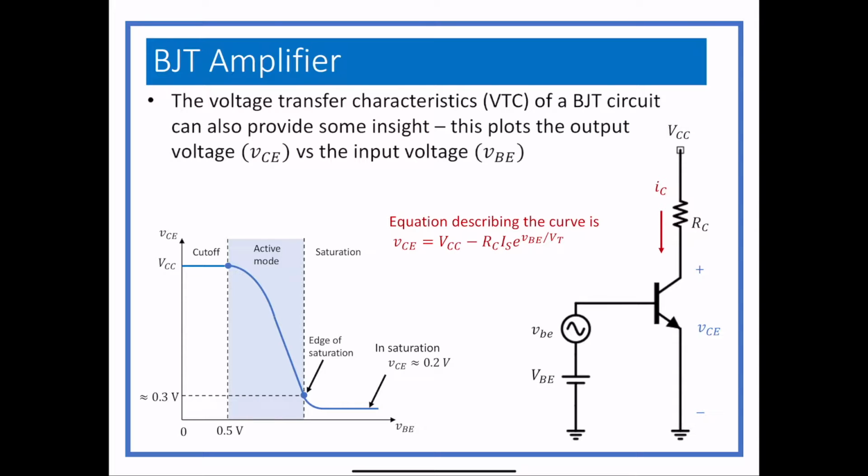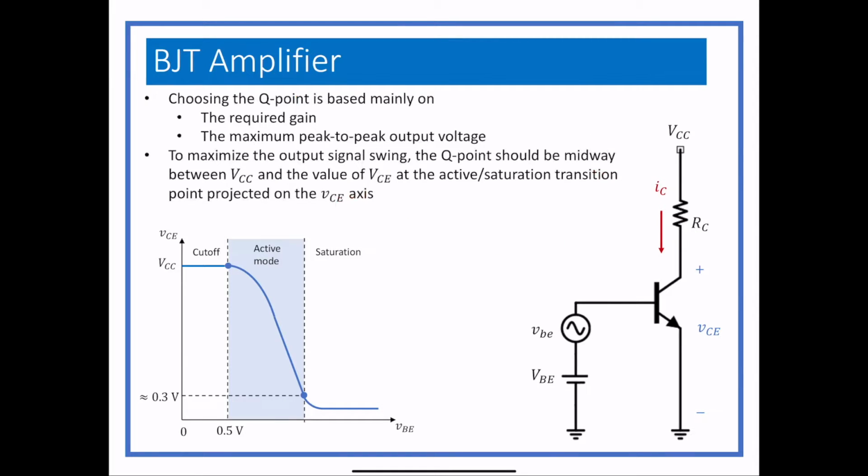We do pretty much the same thing when we're trying to figure out where the Q point should be. We have to put the operating point in the middle so that it's not going into saturation or cutoff. And what we try to do is get the DC value of VCE to be about halfway between VCC and 0.3, which basically usually if we take VCC and divide by 2, that's close enough, because we're never going to get it exactly.